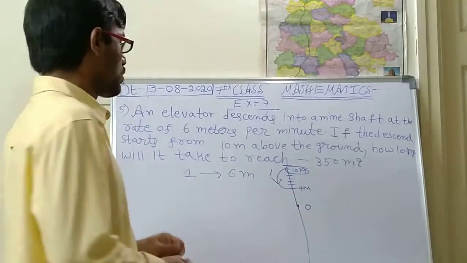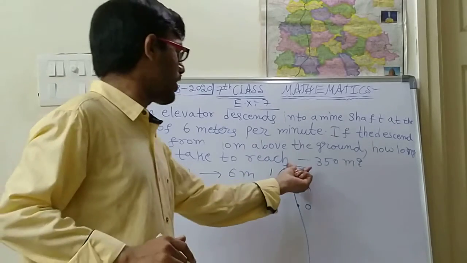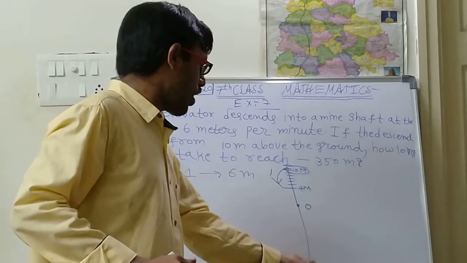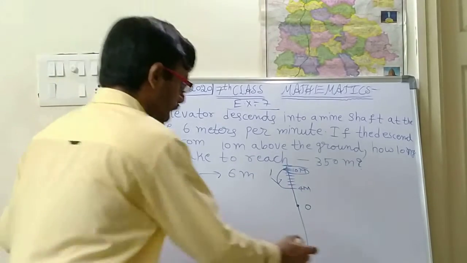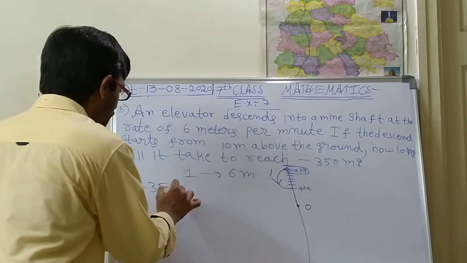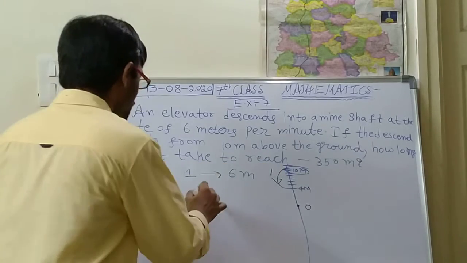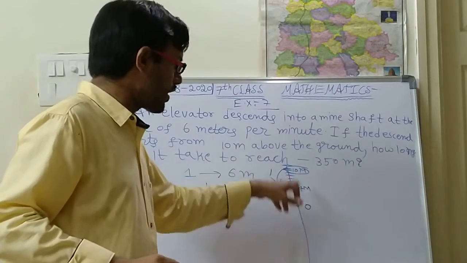He is asking. So here this is 10. First of all, what do we have to find? What is the distance? How many meters will be there in between these 2 points? Last is minus 350. The starting is 10 meters. So totally how many are there?